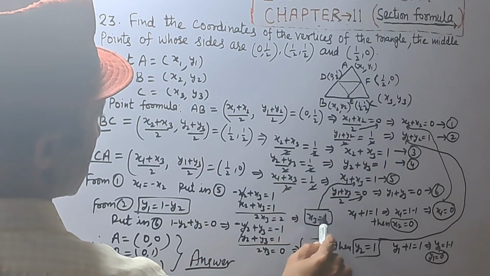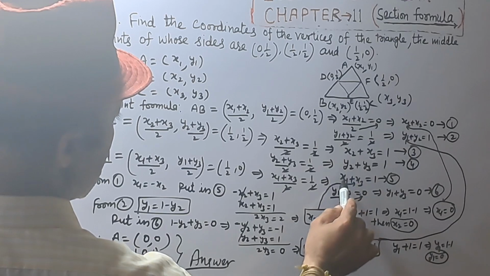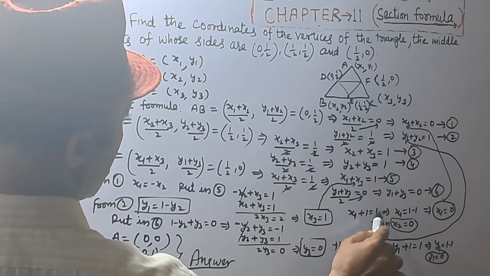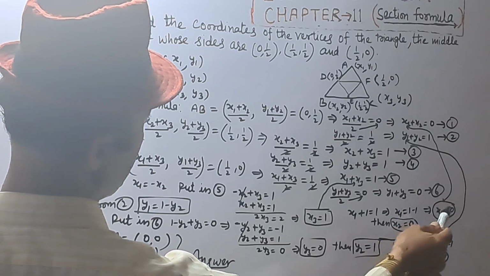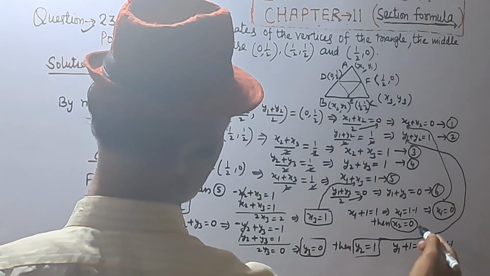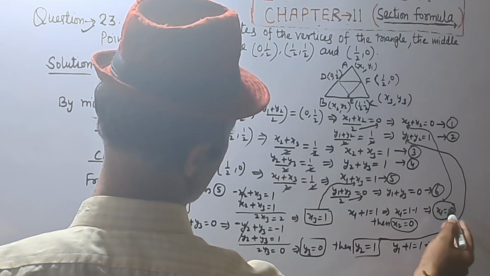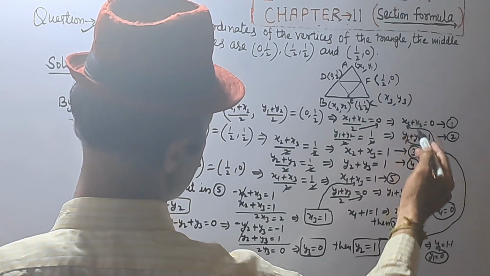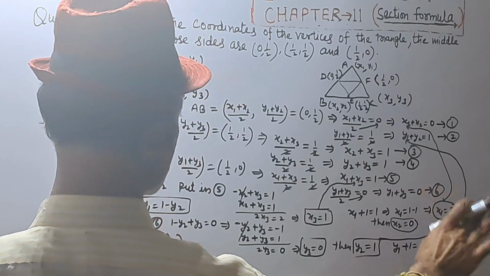We are putting x3 equal to 1 in fifth equation, then x1 plus 1 equal to 1, x1 is equal to 1 minus 1 and that is equal to 0. So we get x1 equal to 0, and putting x1 equal to 0 in equation first, we get x2 is also equal to 0.